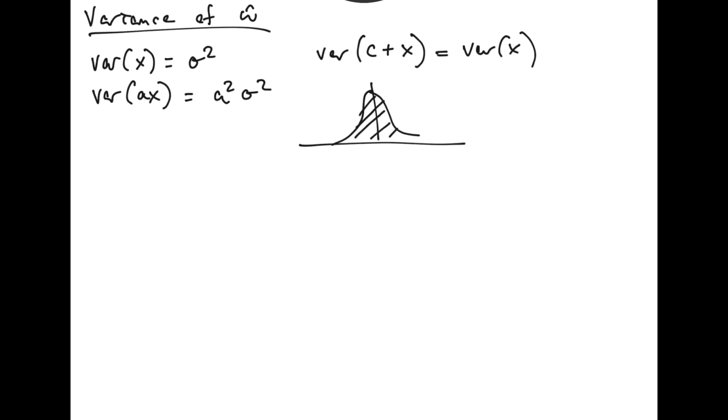Now suppose that we added some constant to all the values, so we moved it over a bit. So this is c, let's say that's 0. By doing so, we haven't changed the variance. Let's call that sigma. The variance stays the same. So adding a constant to a random variable doesn't change the variance.